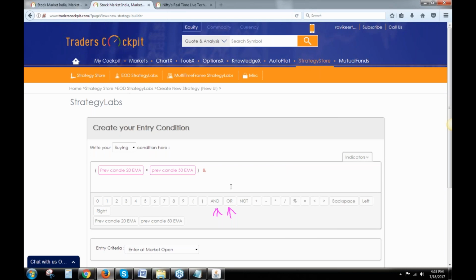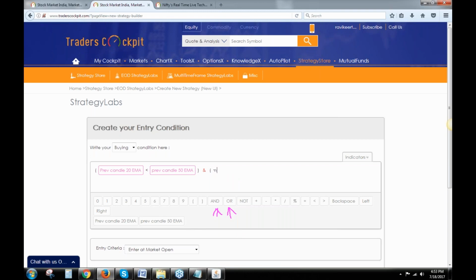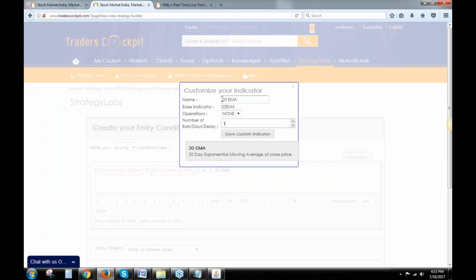So I include an AND operator, which will be followed by my second logic, that is in the current candle, that is last candle. This EMA 20 will be for the current candle, right? So you can mark it as current candle EMA 20 value.